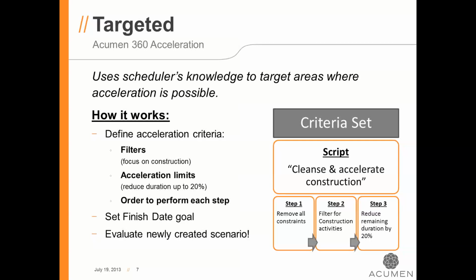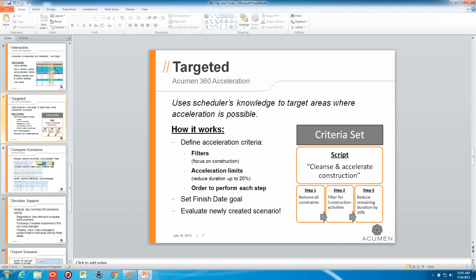Let's talk about how this method works, and then you'll be able to choose which would be more applicable to your situation. We have filters. I'll show you those. We have acceleration limits, and we can set a finish date goal. We can set acceleration strategy for an individual task as well. Let's go out to Fuse or 360 and show you how that's all done.